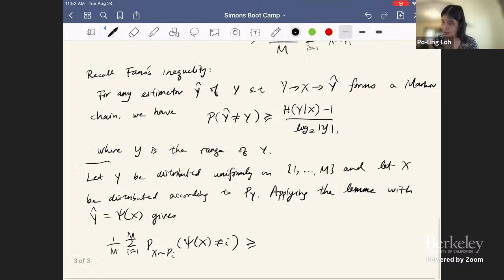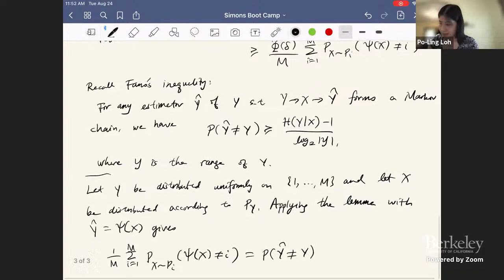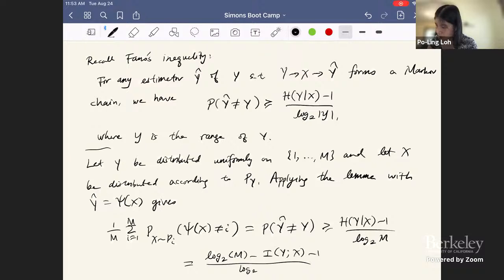So this is the quantity that we care about from up here. And this is equal to the probability that y hat is not equal to y. And by Fano's inequality, this is bigger than or equal to h of y given x minus 1 over log base 2 of m, since our set had size m. And we can rewrite this as log base 2 of m minus the mutual information between x and y, minus 1 over log 2 of m.